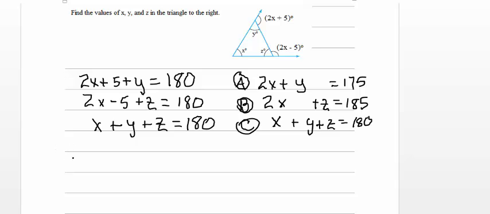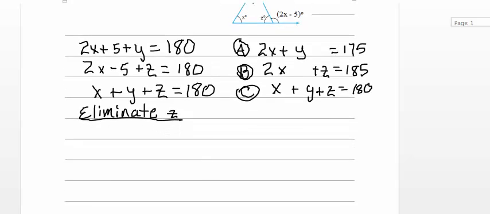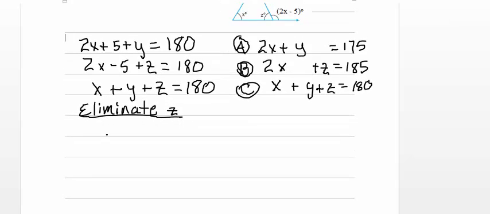And so I'm going to eliminate z first. There's always a choice of things to do first, and each of those choices are correct, so you just have to make a choice.